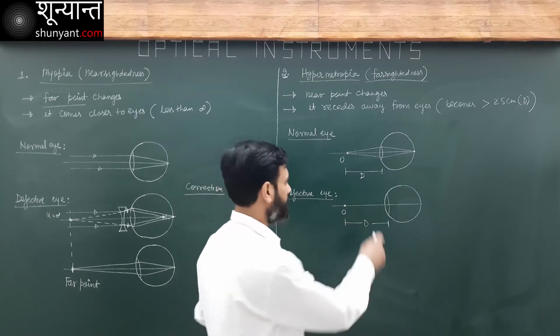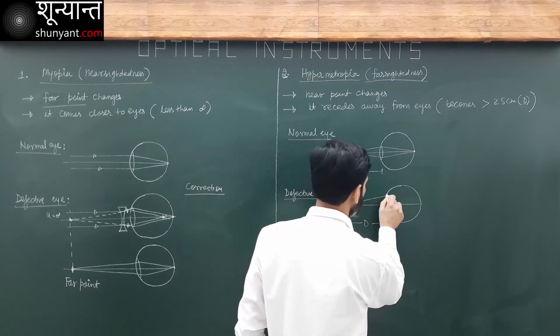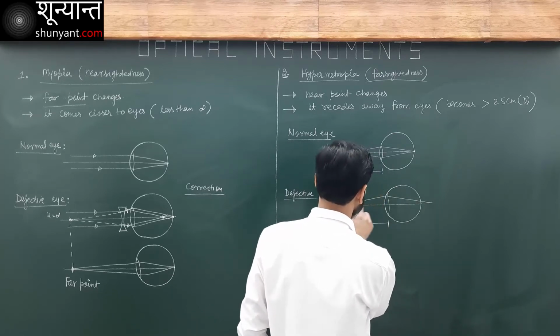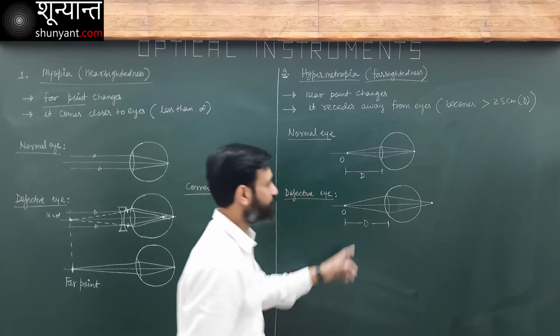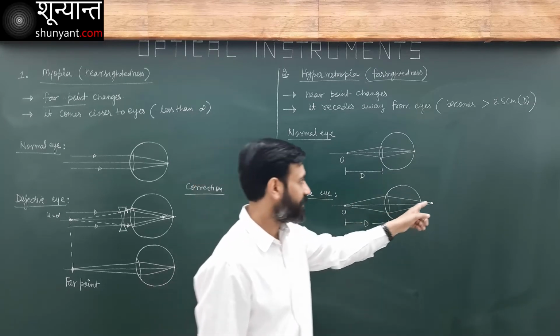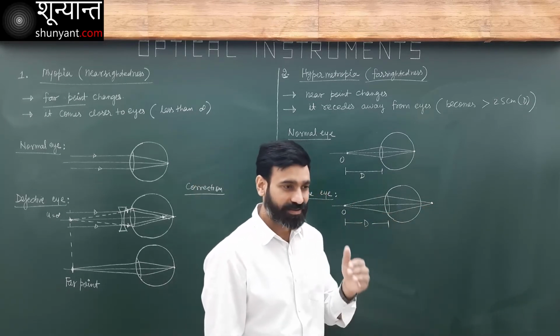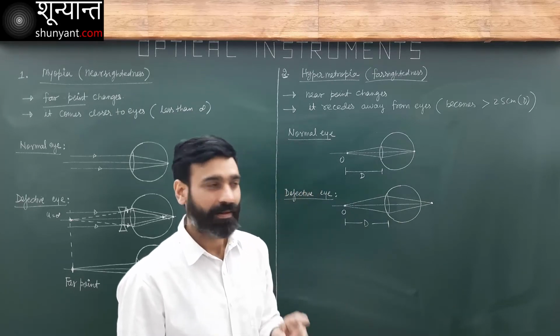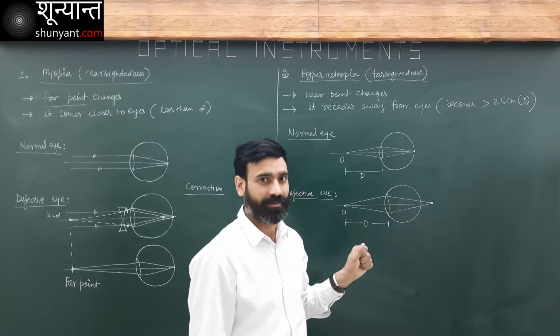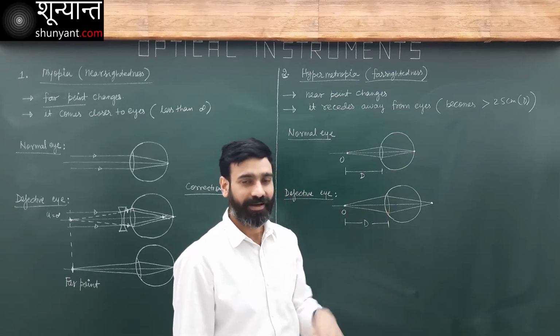Then where does it form? It forms away from retina like this. This is where the image forms, and this image I cannot see clearly. To see clearly, to see distinctly, I need my image at retina, not in front of it or not behind it.